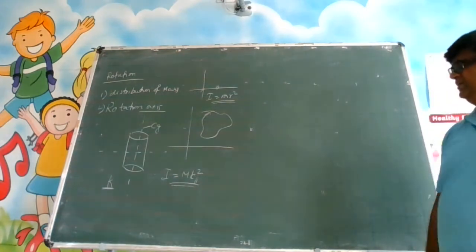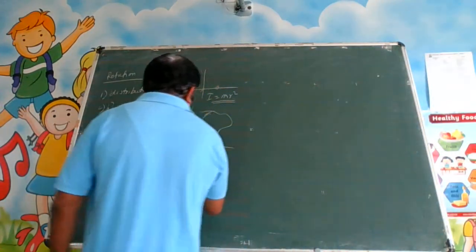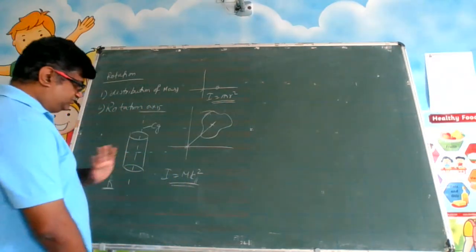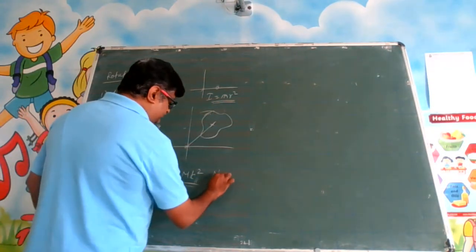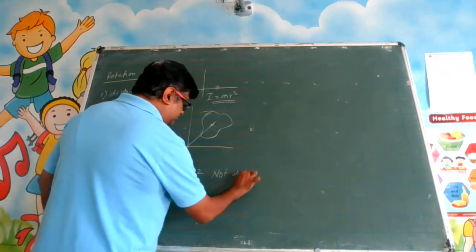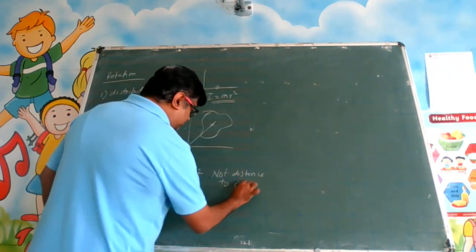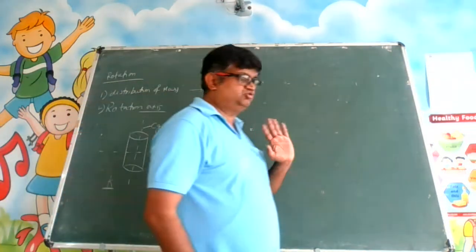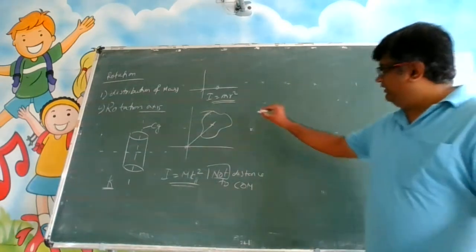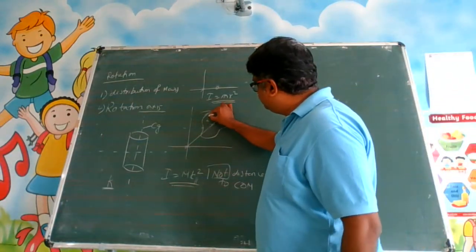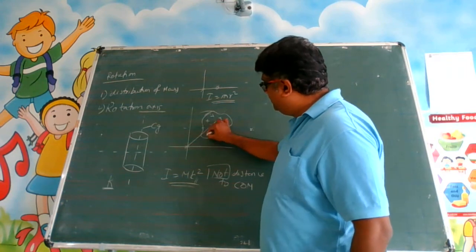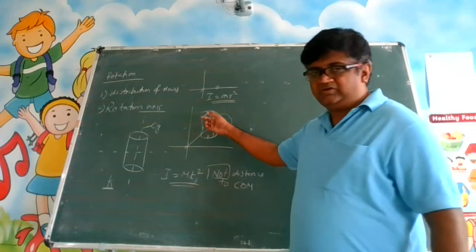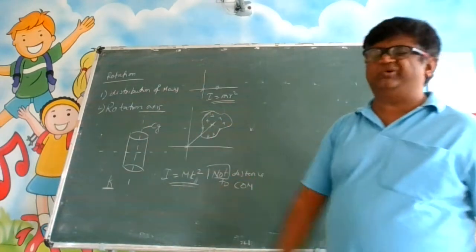One very important point is that the radius of gyration is not the distance from the center of mass to the reference line. Radius of gyration is not the distance to center of mass. Don't get confused with that. When you take a bigger mass, it has so many small masses. I told you that you can find the moment of inertia by individually finding the inertia of all the masses and adding them together.